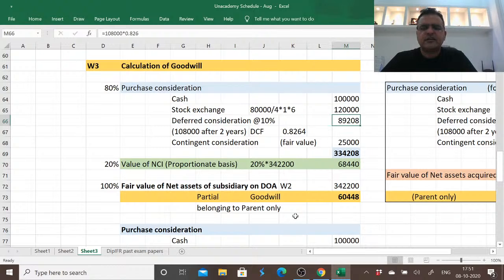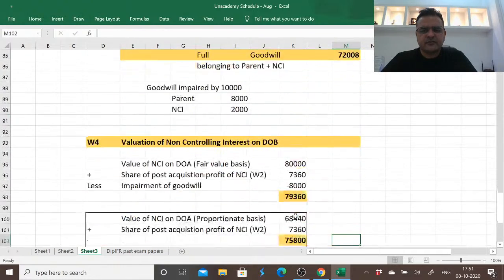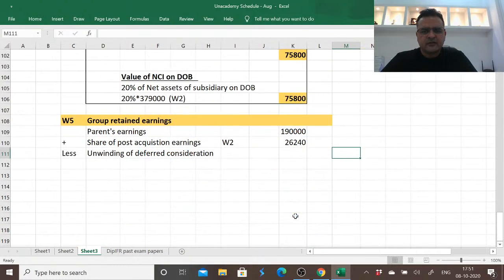The present value was 89,208. The unwinding of discount will be on 89,208 at the rate of 10%. 10% of 89,208 is equal to the unwinding of discount on deferred consideration.